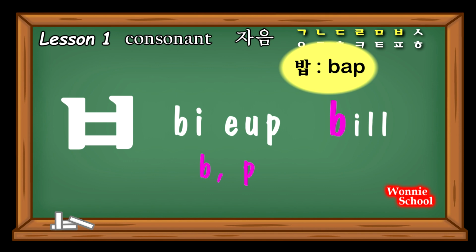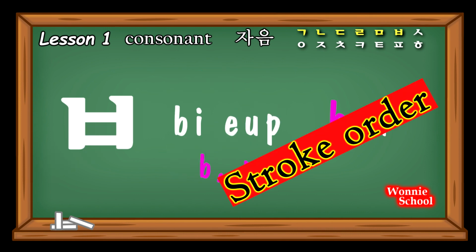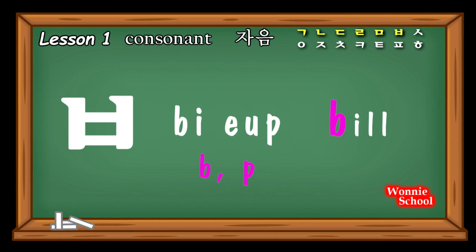You got it, right? Well, I will explain these things one more time in another video, so it's okay if you couldn't understand yet. Because in this video, you're just gonna learn the consonant, the sound and the stroke order. So please don't worry about any other things except this. Okay, now it's time to check how to write down this letter 비.